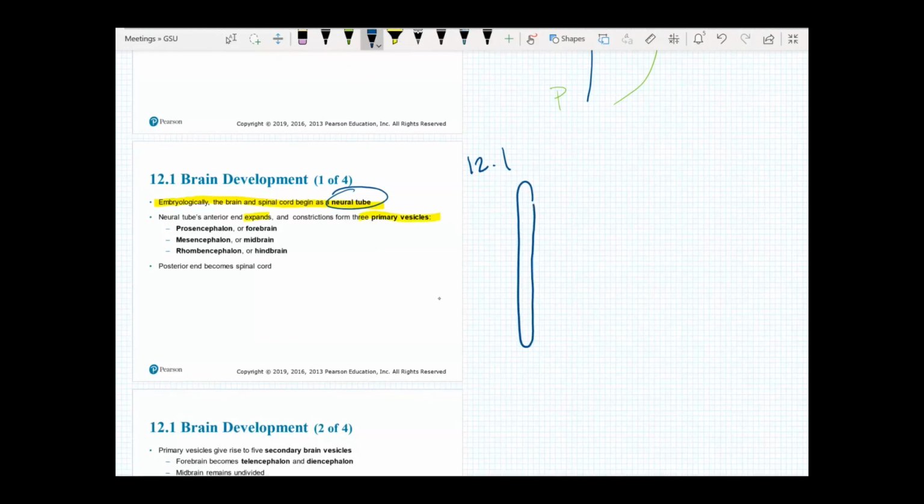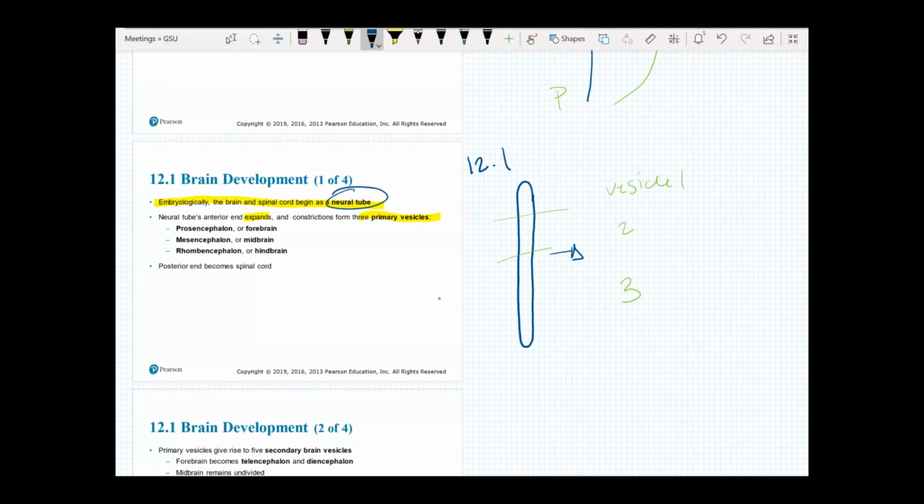Basically what we mean by it becoming three primary vesicles is there will be a section 1, section 2, and then section 3. So you will have vesicle 1, 2, and 3. These three sections will become your prosencephalon, your mesencephalon, and your rhombencephalon.